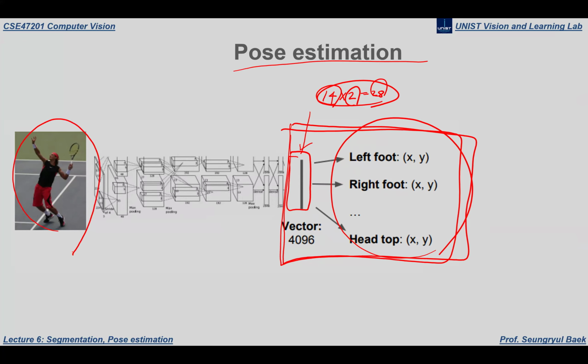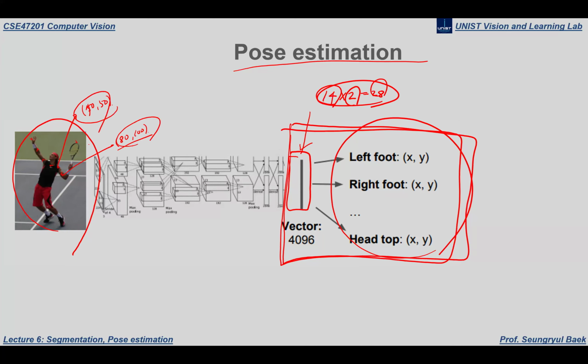But the thing is, finding the exact X and Y coordinates of a key point is hard. Maybe this would be 50, 70, and this would be like 80, 100. The XY coordinate values would be like this.